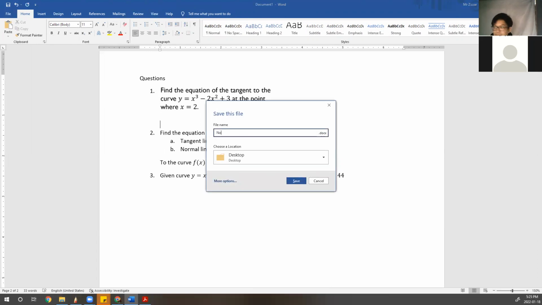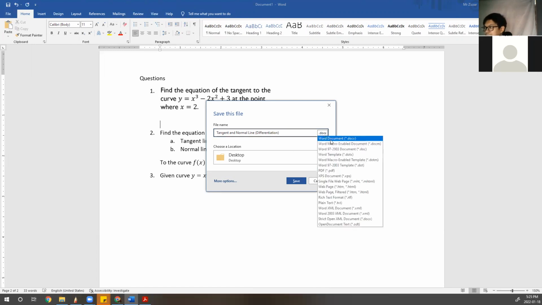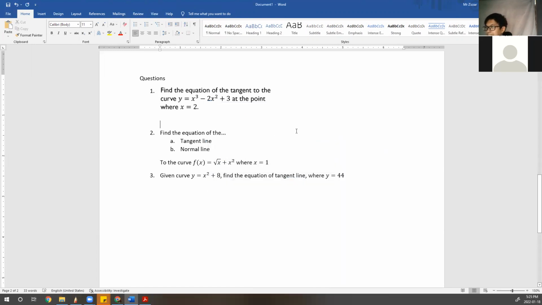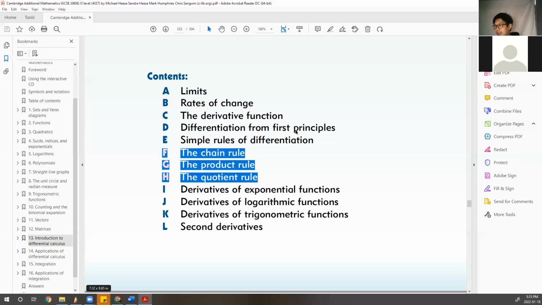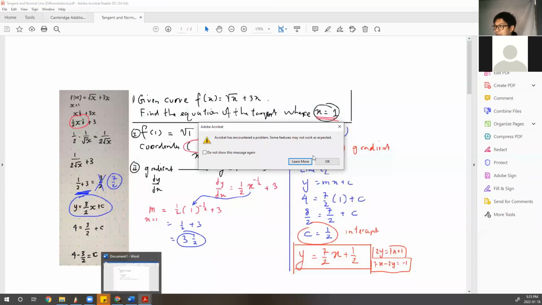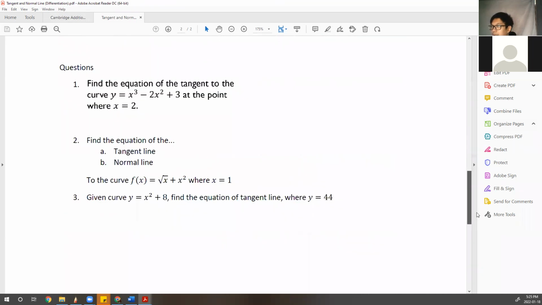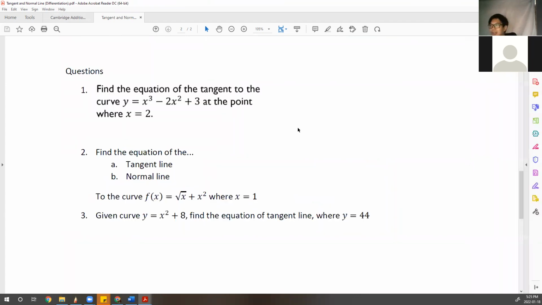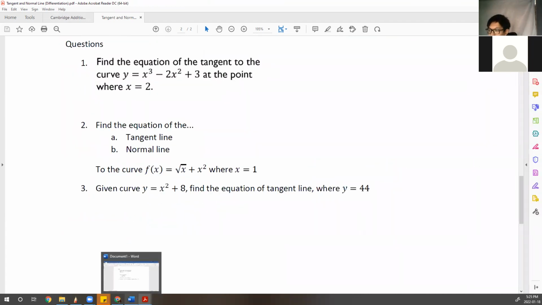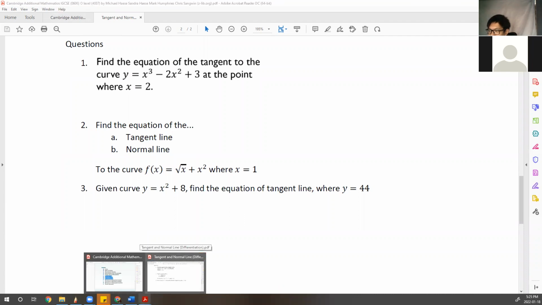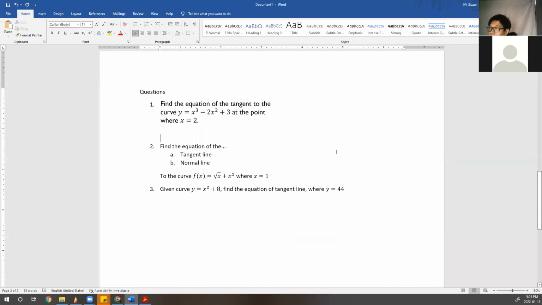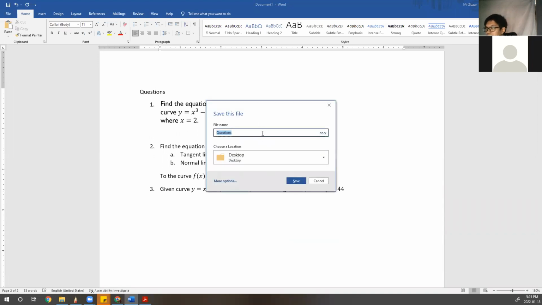Tangent and normal line, differentiation. Okay, I'm giving you time until 5:40, maybe, and then after you do 5:40, we're going to discuss this later.